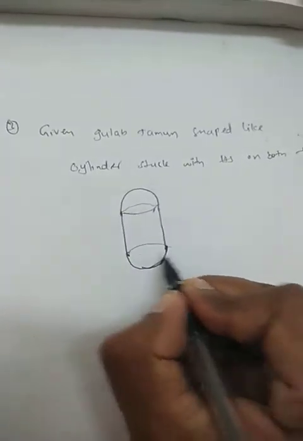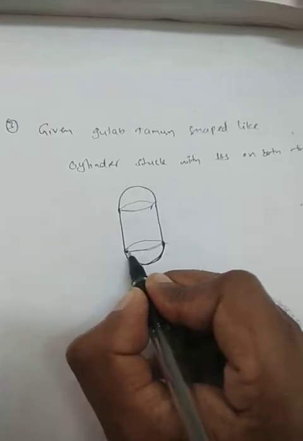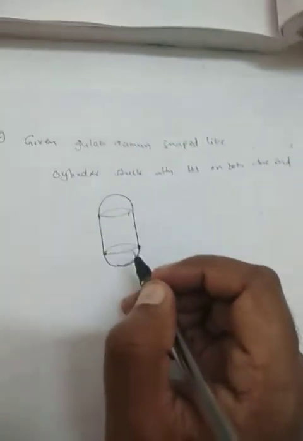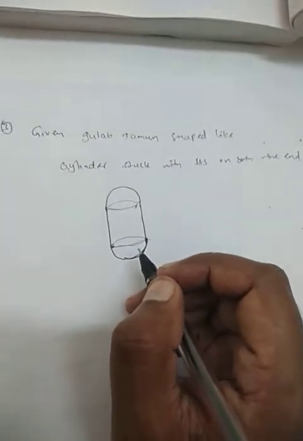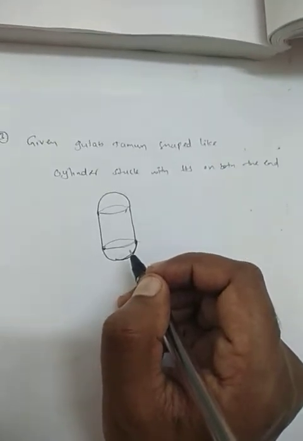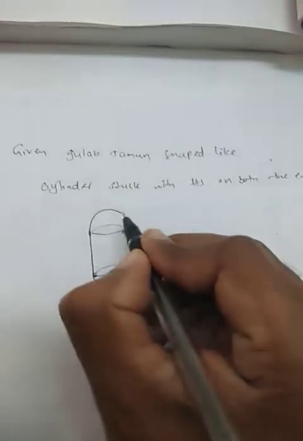This is not exact, but for our convenience we are drawing it. Now what they told: shaped like a cylinder with two hemispherical ends with the length, so the length here is total 5 centimeter.